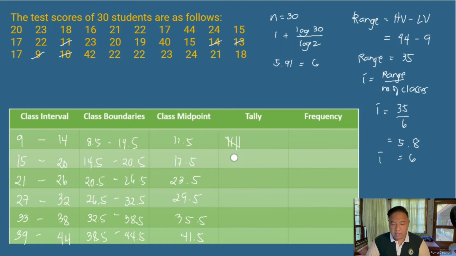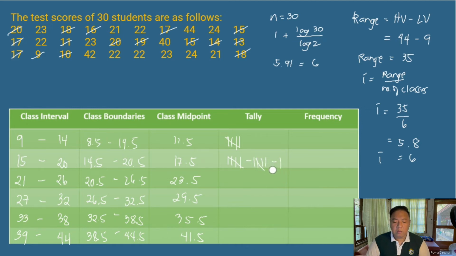Okay, and then 15 to 20. So 1, 2, 3, 4, 5, 6, 7, 8, 9, 10, 11. That's 11.